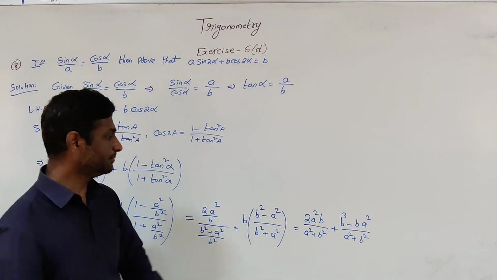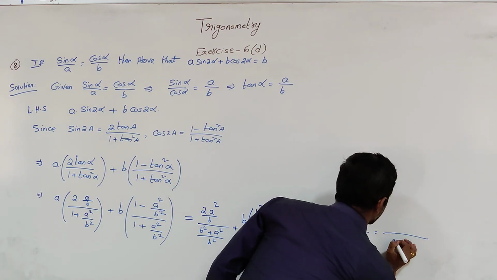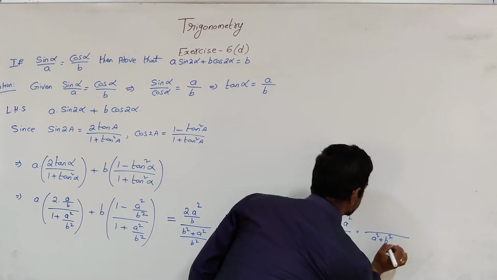Again the LCM is same, A square plus B square.